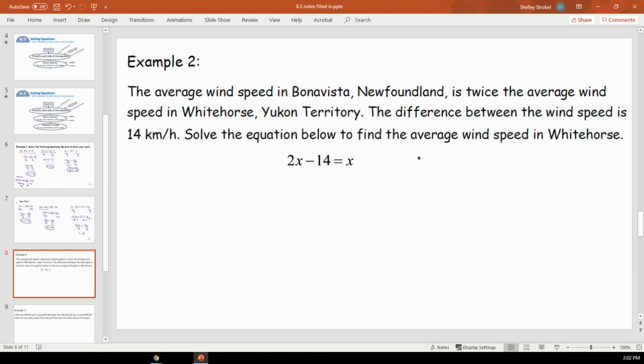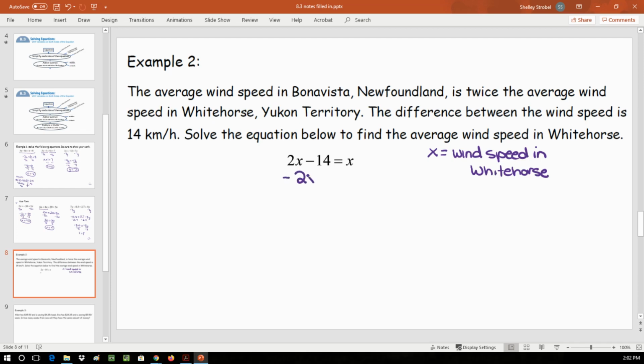So here, they're telling me that x is the wind speed in Whitehorse. All right, let's solve this equation. Here, I notice there are variables on each side, and this variable is alone. So I'm going to choose to minus 2x from both sides. On the left side, I'm left with negative 14.